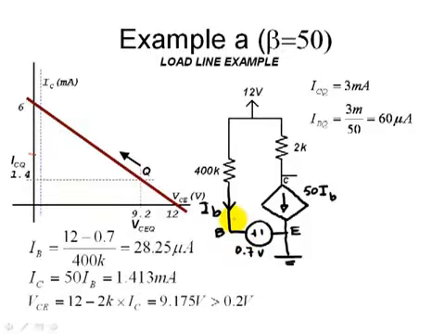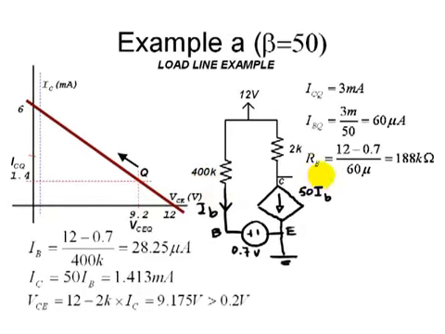But then we proceed backwards. For that current to be 60 microamps, because the voltage source continues to be the same, we'll have to reduce this resistor to what value? So we compute, we say that resistance, this one, will have to be changed for a 12 volts minus 0.7 divided by 60 microamps, 188 kiloohms.